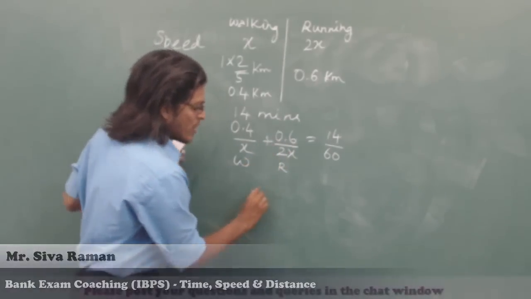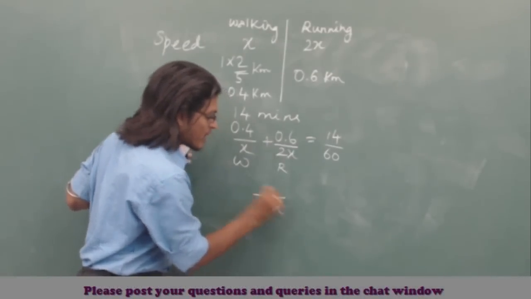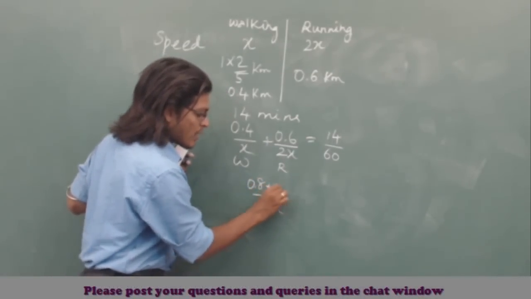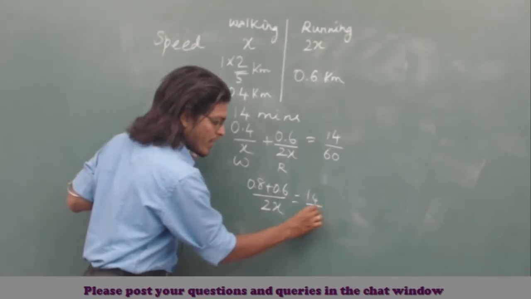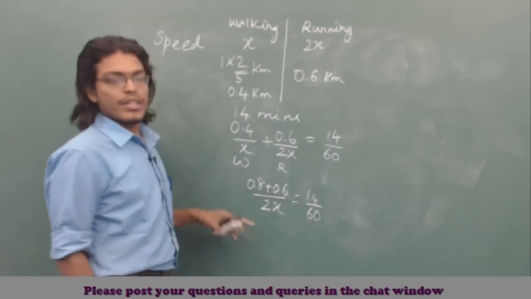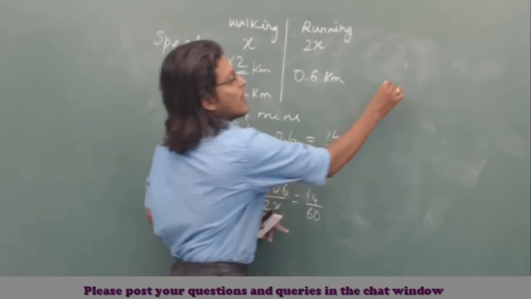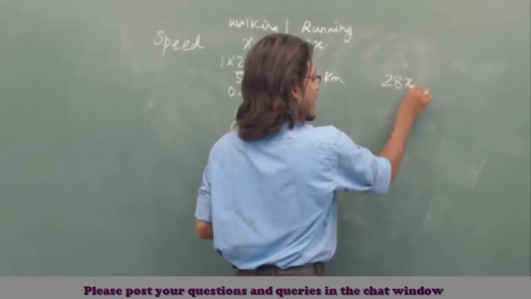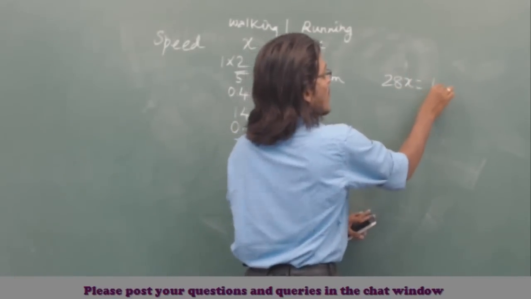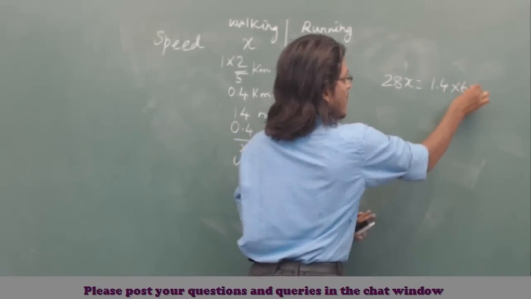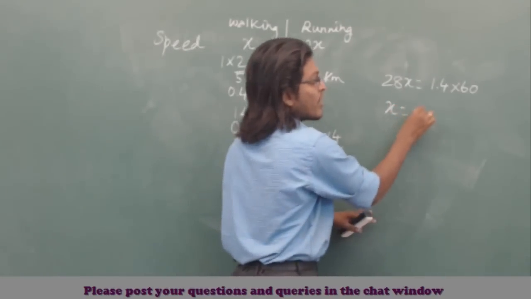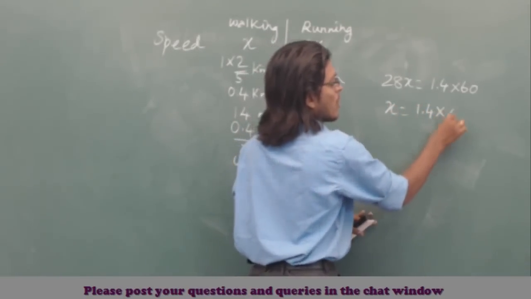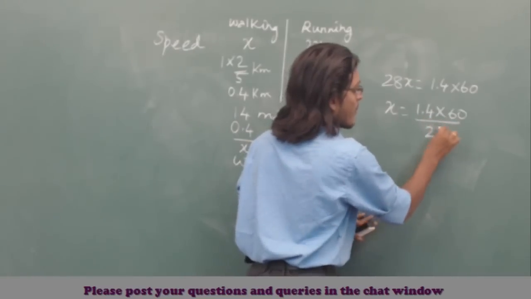Now we will do the simplification part. 0.8 plus 0.6 is equal to 14 divided by 60. 28x is equal to 1.4 into 60. So 0.8 plus 0.6 is 1.4. X is equal to 1.4 into 60 divided by 28.